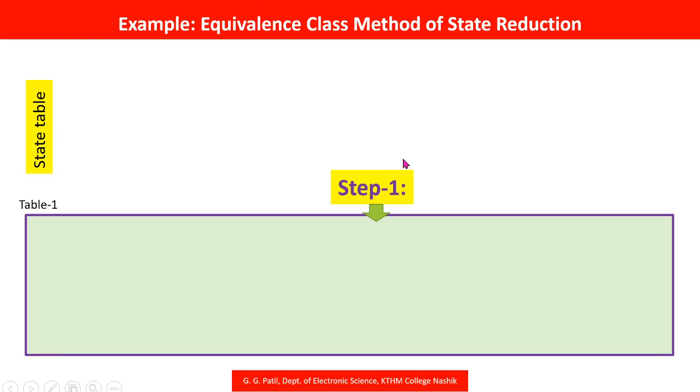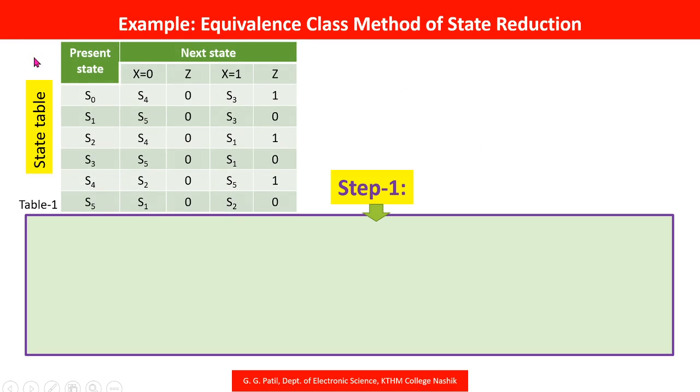Let us see the example of the equivalence class method of state reduction. See here, one state machine is presented in the state table for the present state. There are states in the state machine: S0, S1, S2, S3, S4, S5, and the next state and output are given here.